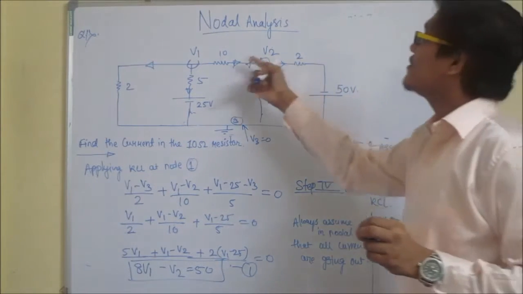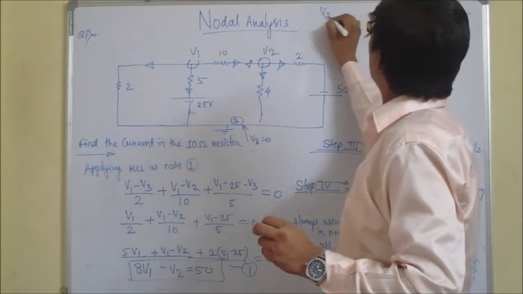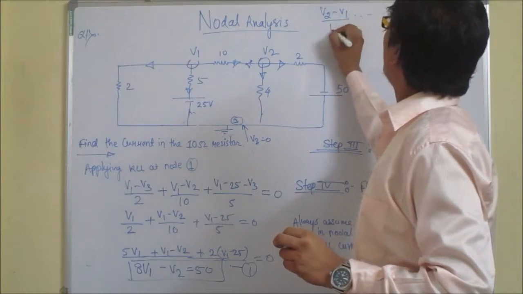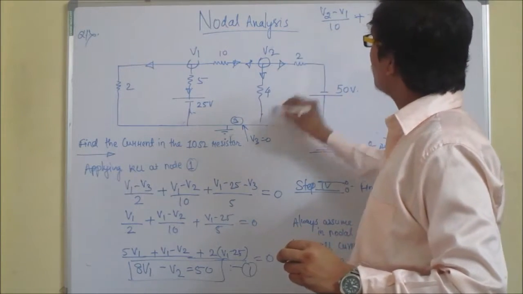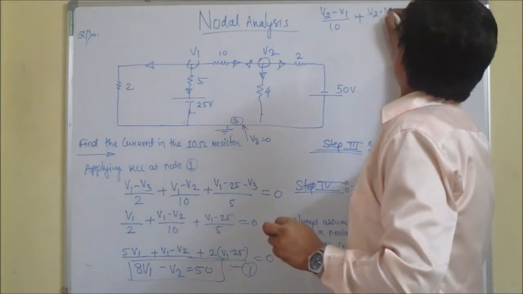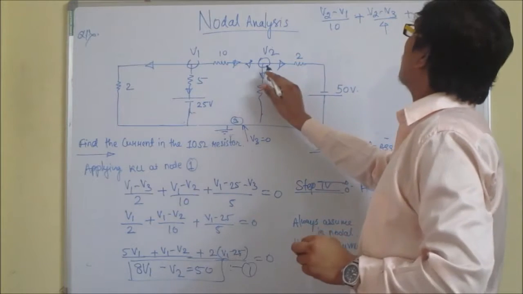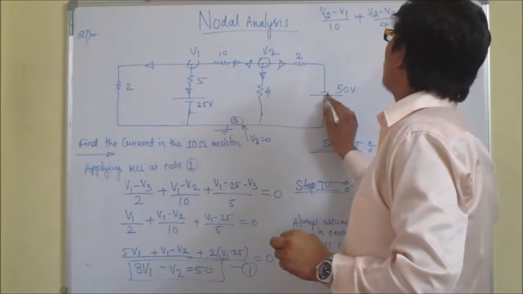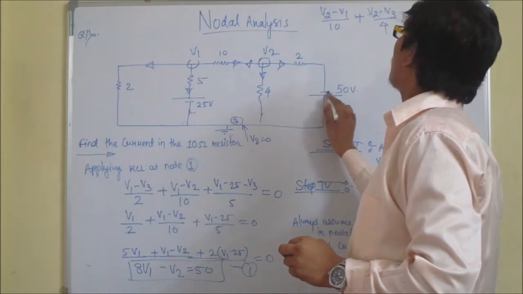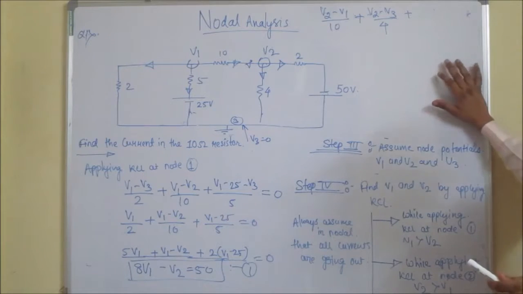So my first current is (V2 minus V1)/10 plus, what is this, (V2 minus V3)/4 plus, now see, V2 is positive potential and here there is a negative potential. Then what should I do?